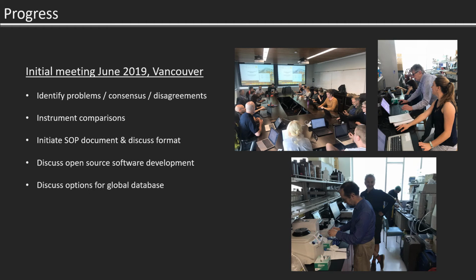We initiated and discussed the format of a standard best practice document, which we want to create and make available to the users. We also discussed the development of this open source software for the user and options for a global database.